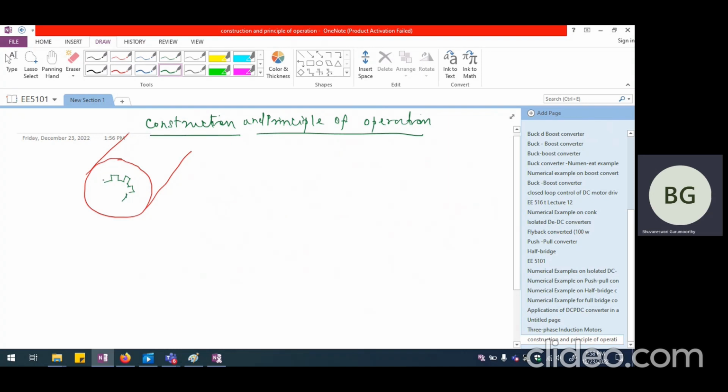And for the stator, in the inner periphery, we are going to have the slots carved out like this. This is the way generally the slots are constructed in the entire induction motor stator.